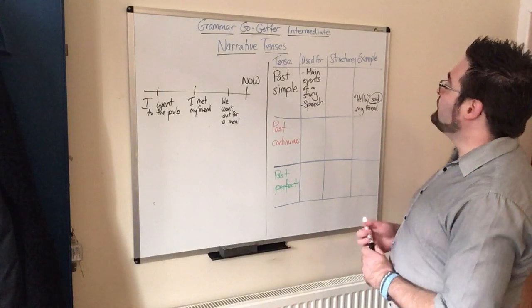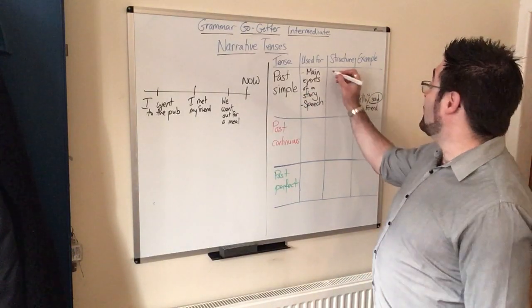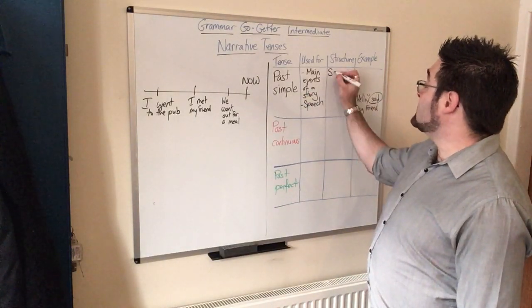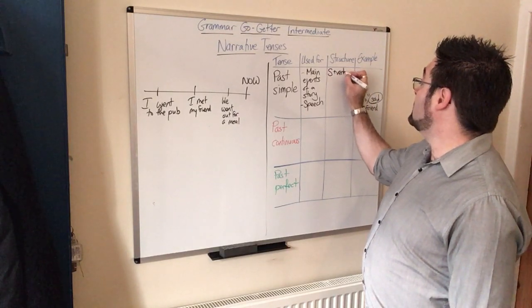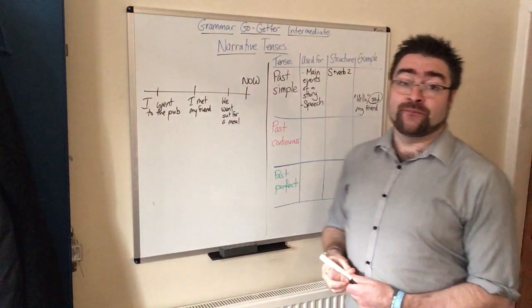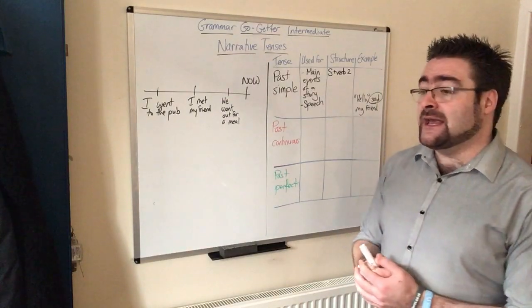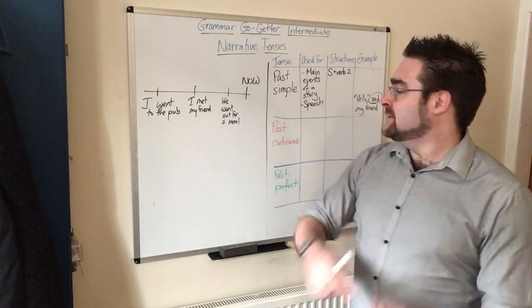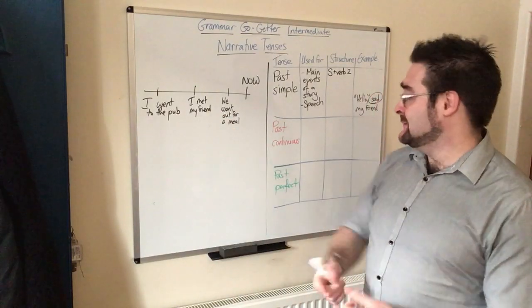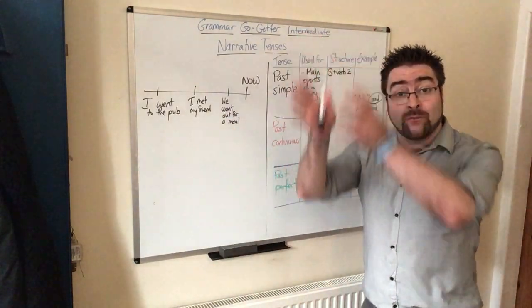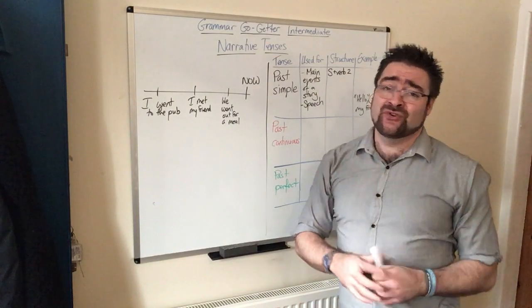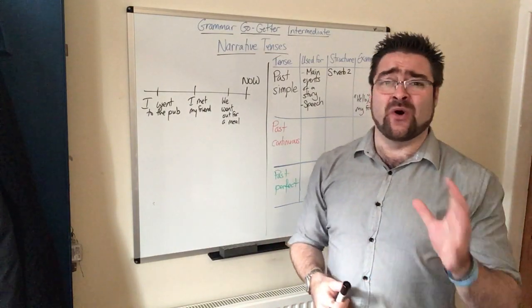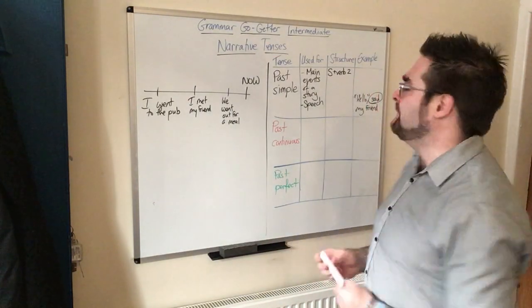Okay, so the structure of the past simple. We've got subject plus verb 2. What I mean by verb 2 is eat, ate, go, went, meet, met. Okay, so it's the second form of that table that I'm sure you've all seen in the back of textbooks and that you all really, really love, I'm sure of it.